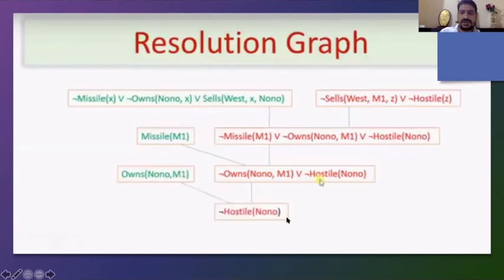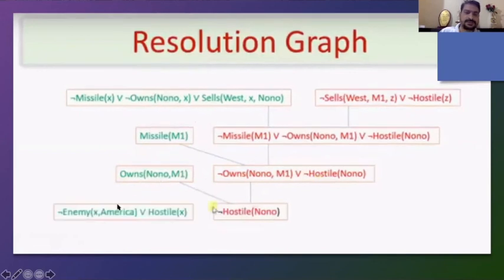Now hostile no will be left, and again we'll apply the sentence X is not the enemy of America, and X is hostile. When we apply this, the hostile will be removed by the resolution.